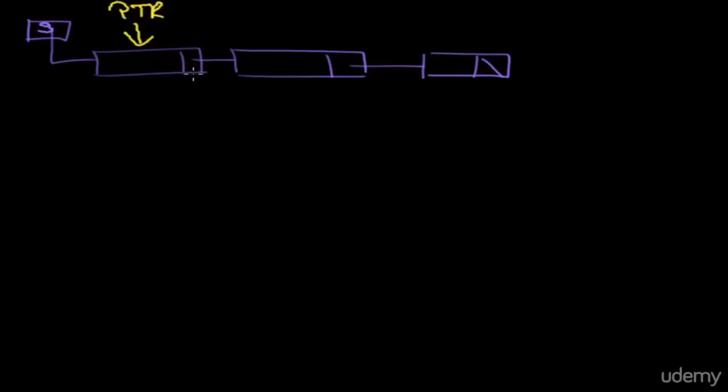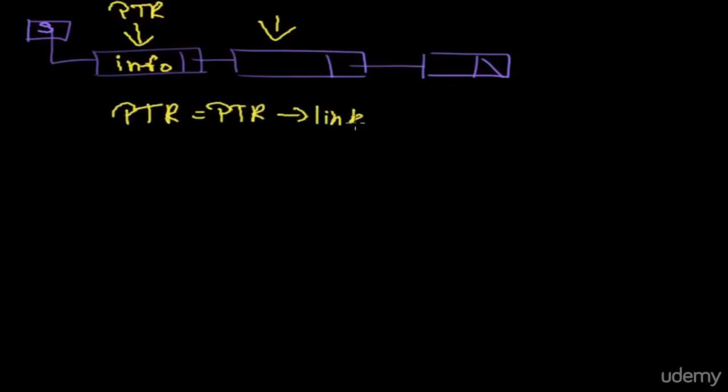If the link part of ptr is not null, then we will print the info part and increment the pointer. Means we will increment the pointer to point to the next node. For pointing to the next node, we will simply write ptr equal to ptr dot link. So the ptr will increment.